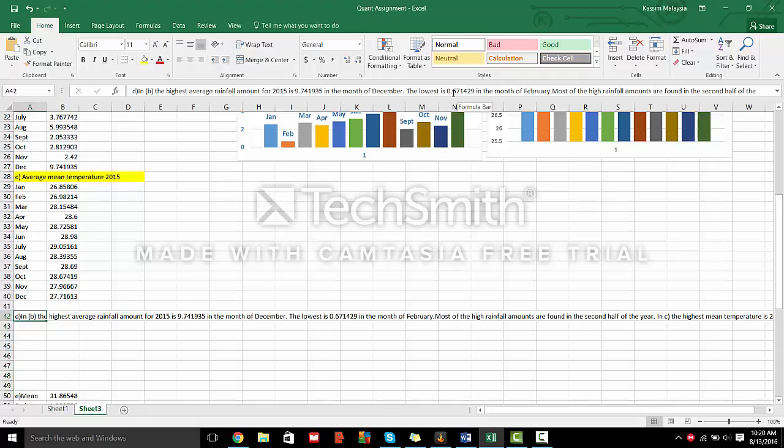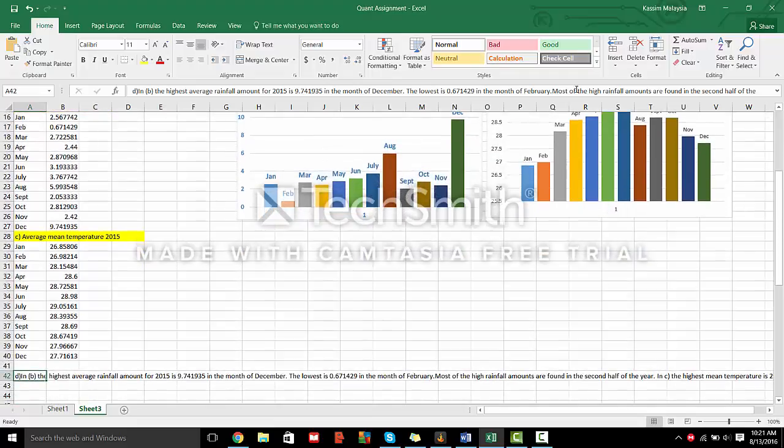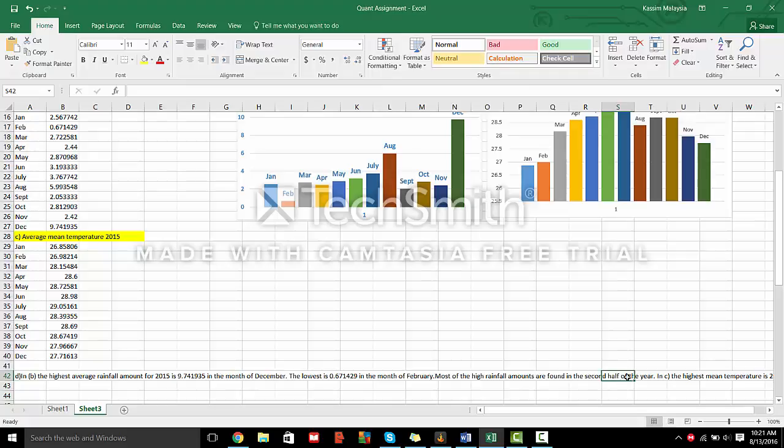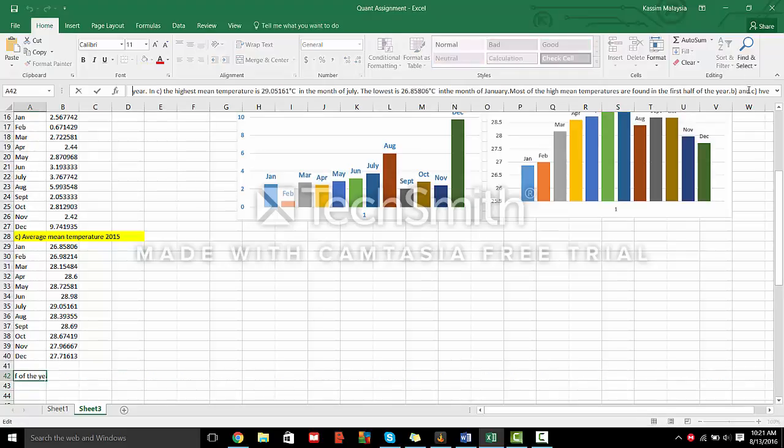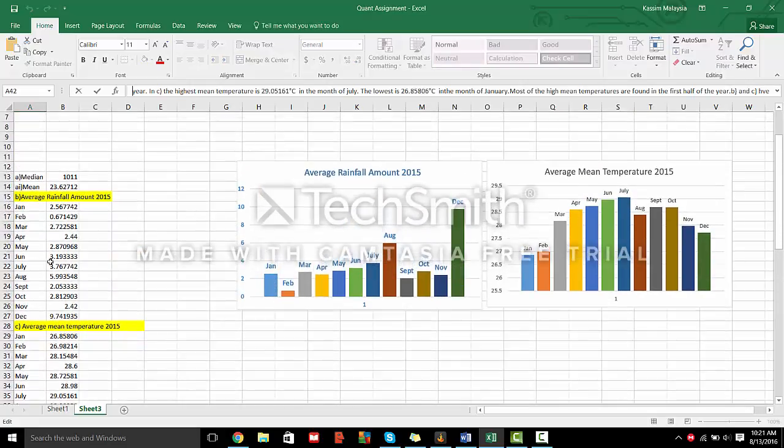The lowest is 0.671429, which is the month of February. As you can see, most of the rainfall amounts are found in the second half of the year. From July onwards, it's all very high, higher than previously.